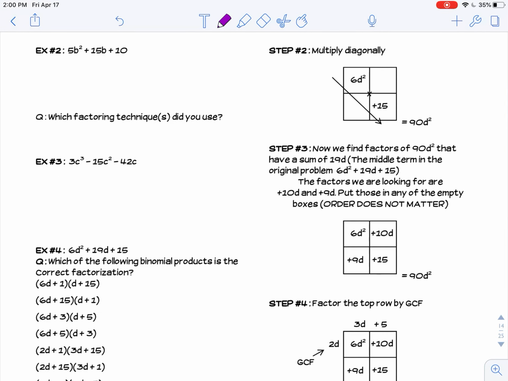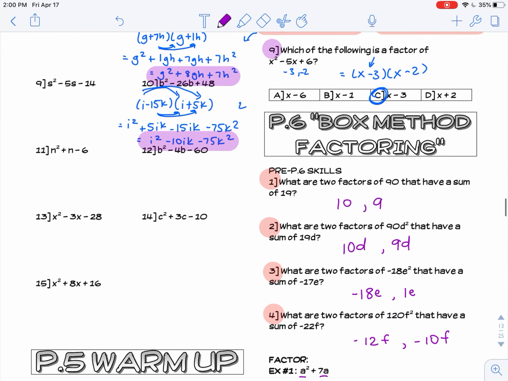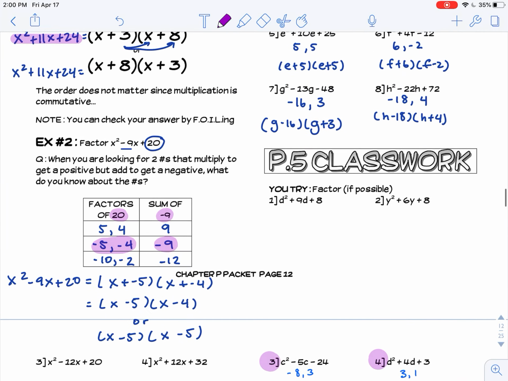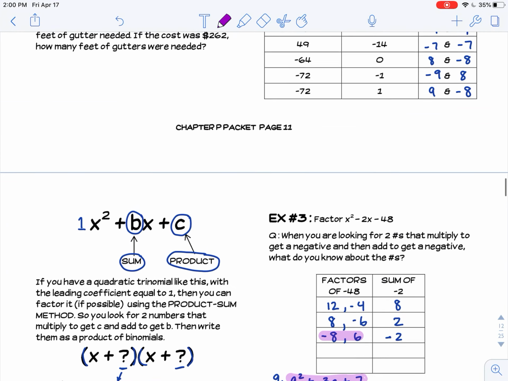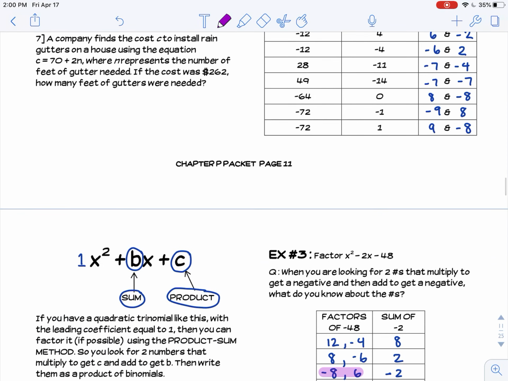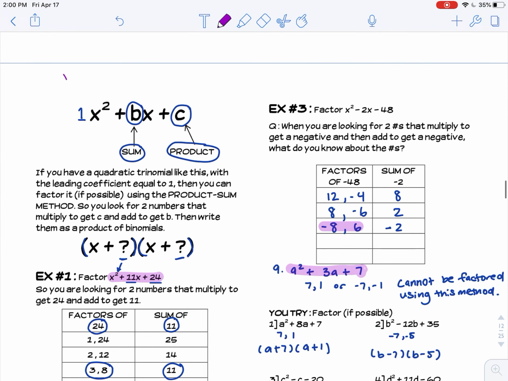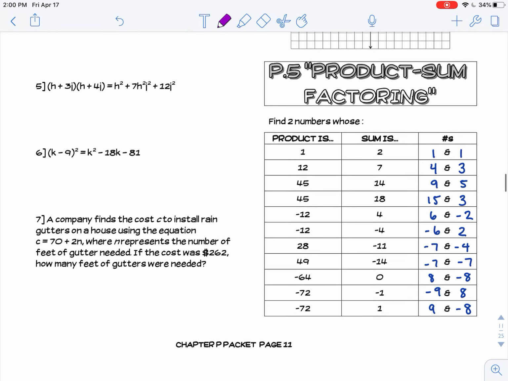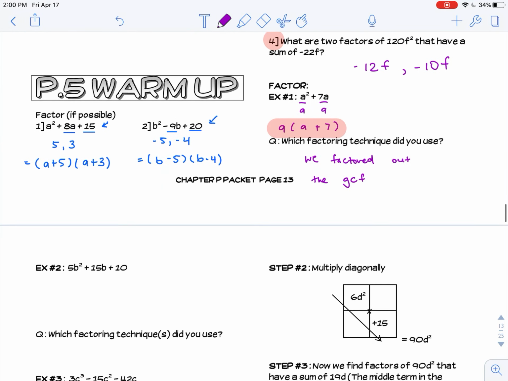Example 2. 5b squared plus 15b plus 10. Okay, so we have a quadratic trinomial, but let's look at the section before. Sorry for scrolling so fast. Product sum factoring. When we looked at this, we needed the coefficient in the front to be 1 in order to do product sum factoring.